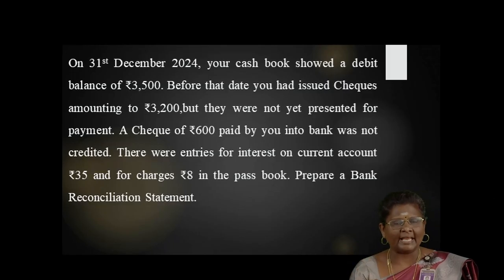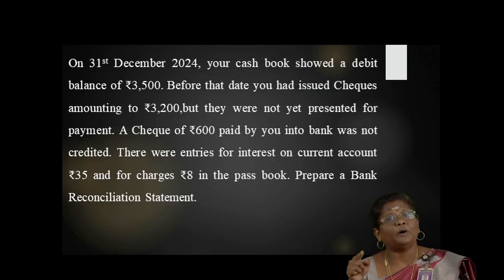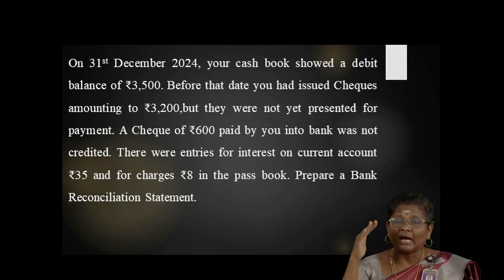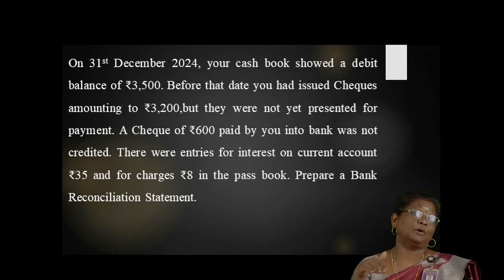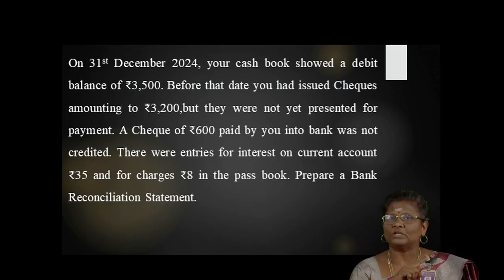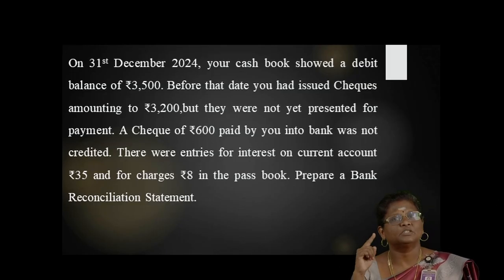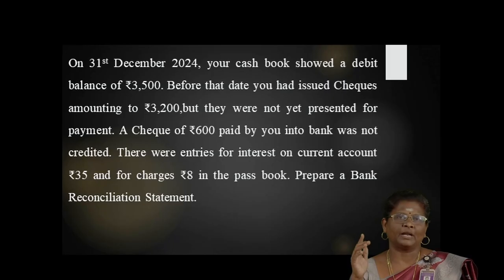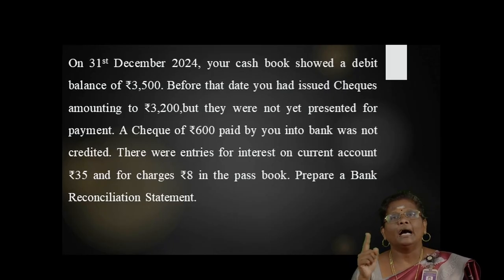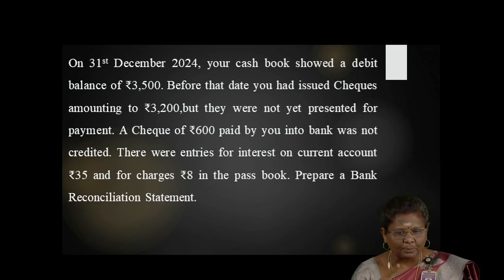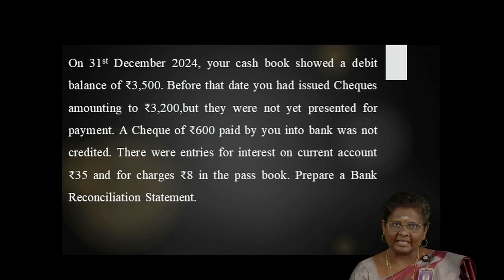In that case, the bank charge of rupees 8 is deducted from the passbook. Compared to the cash book, the passbook shows a lesser balance, so that 8 rupees should be deducted. So we start with the balance as per cash book, and we end with the balance as per passbook.